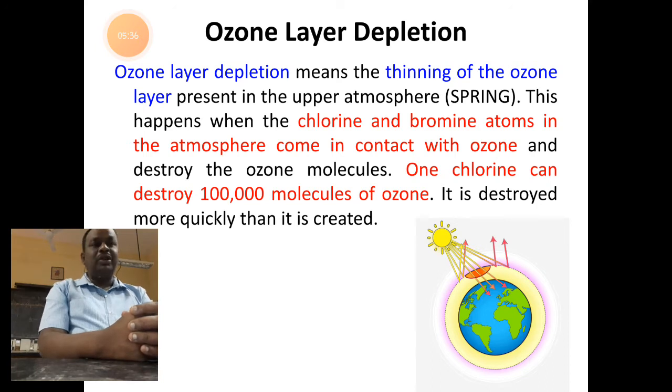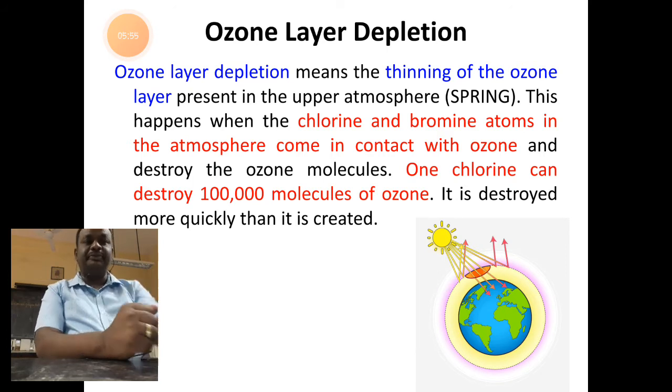One chlorine molecule can destroy 100,000 molecules of ozone. Let's see its reaction a little later. It is noticed that the destruction of ozone is quicker than its formation.